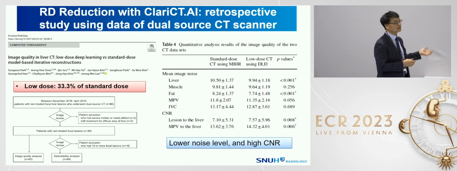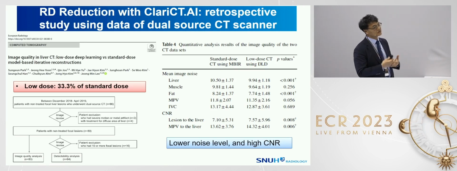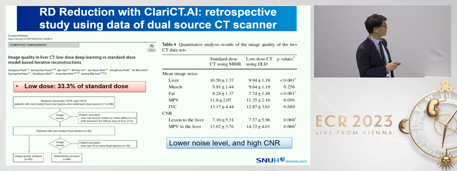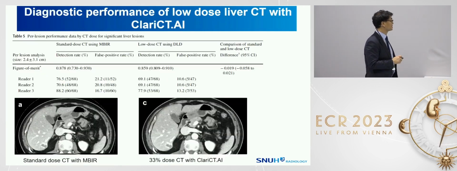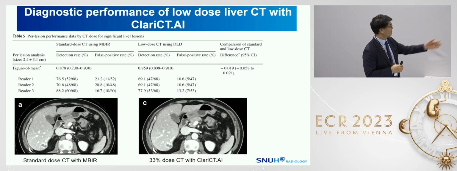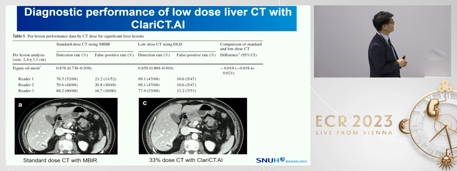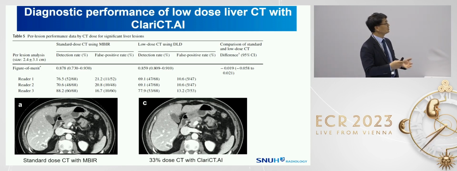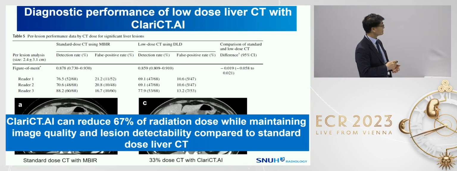And then we found that even though we used the 33.3% radiation dose, image noise level is lower and CNR was higher. Here is an example. Compared to standard dose CT with MBIR, 33% low dose CT with the ClariCT.AI shows at least equivalent image quality.